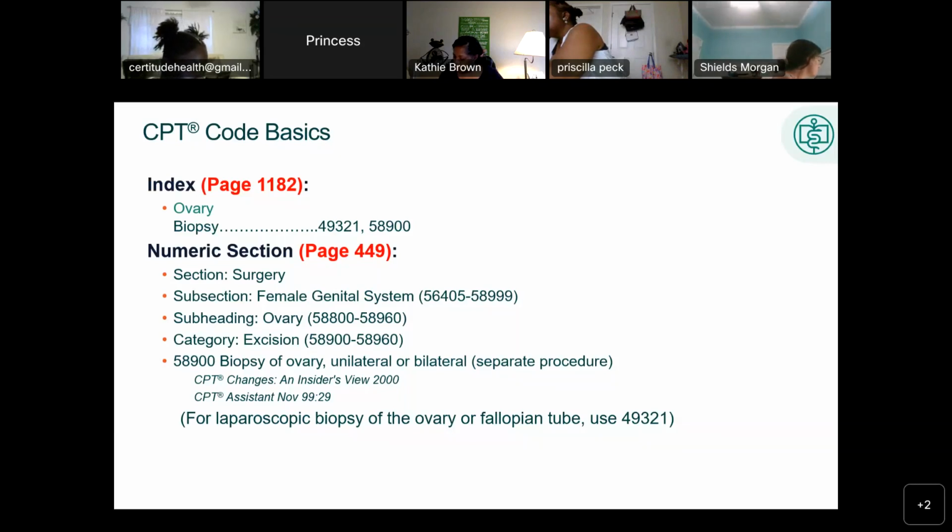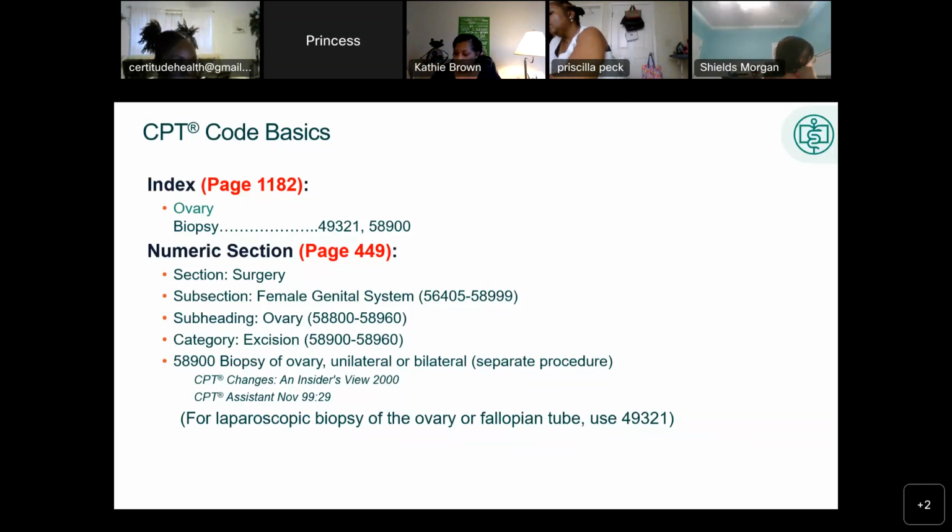So if you're looking at page 1182 and you're under ovary, you can see how the index is set up. The index is alphabetized, but under ovary is in alphabetical order as well by procedures or conditions relating to the ovary. So under ovary, we're looking for biopsy.